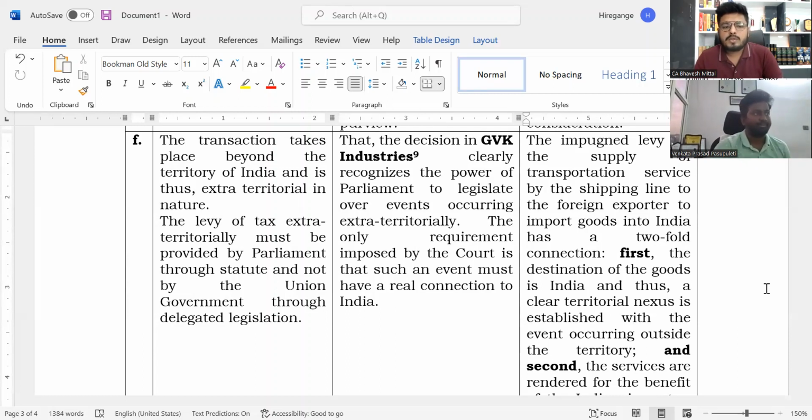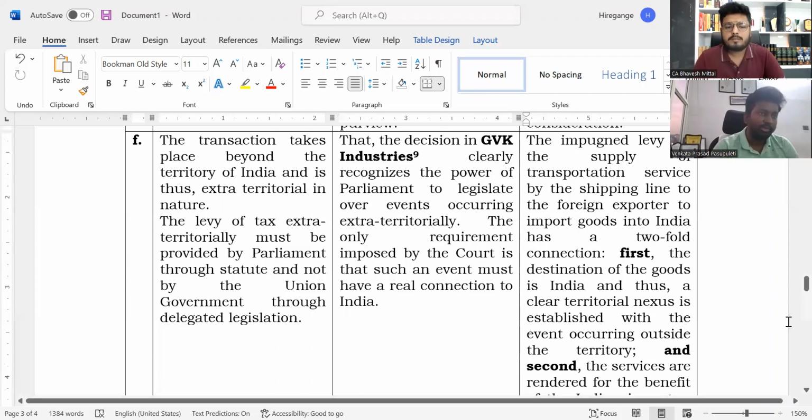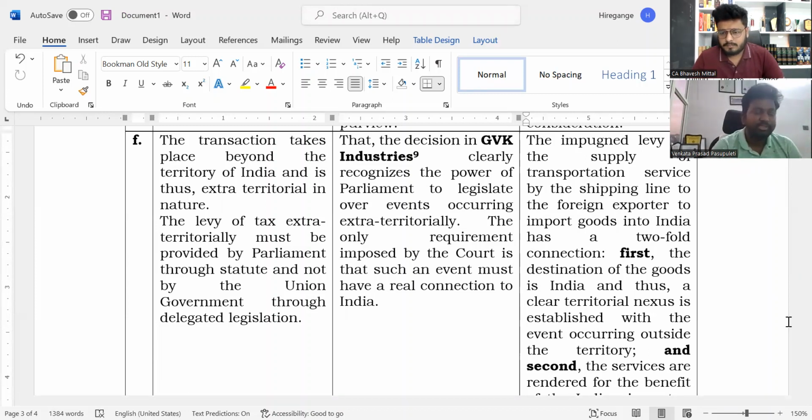Okay. So the next argument was that the transaction takes place beyond India, that is, extraterritorial jurisdiction. And to this, the GVK Industries case law was present, which Venkat sir will explain. So the argument of the taxpayer is that the transaction is happening between two contracting parties, both of them outside India, both the foreign supplier of the goods as well as the foreign transporter.